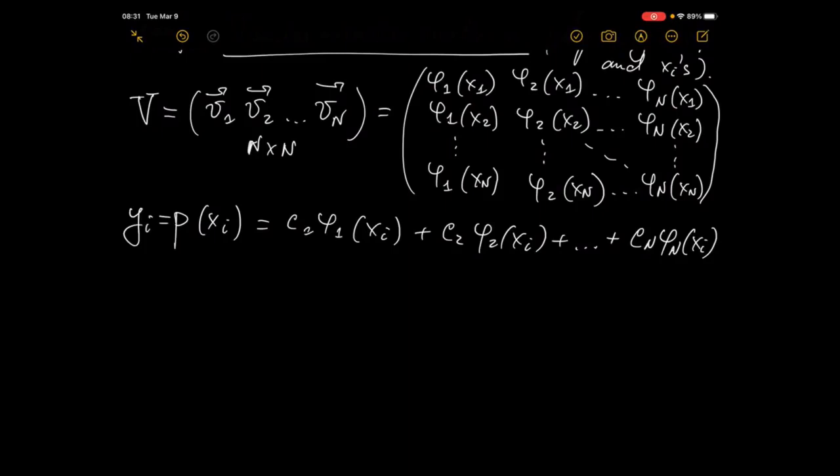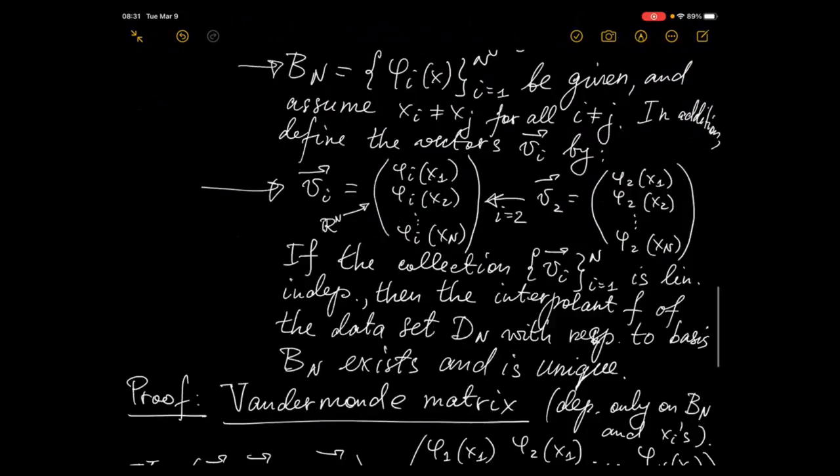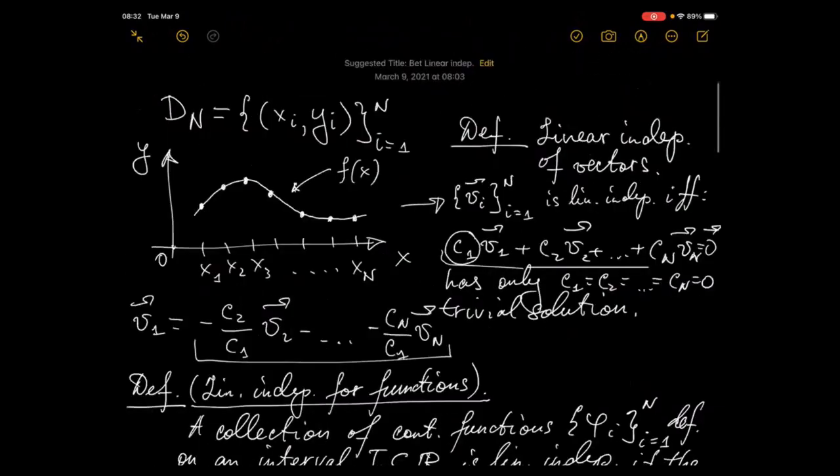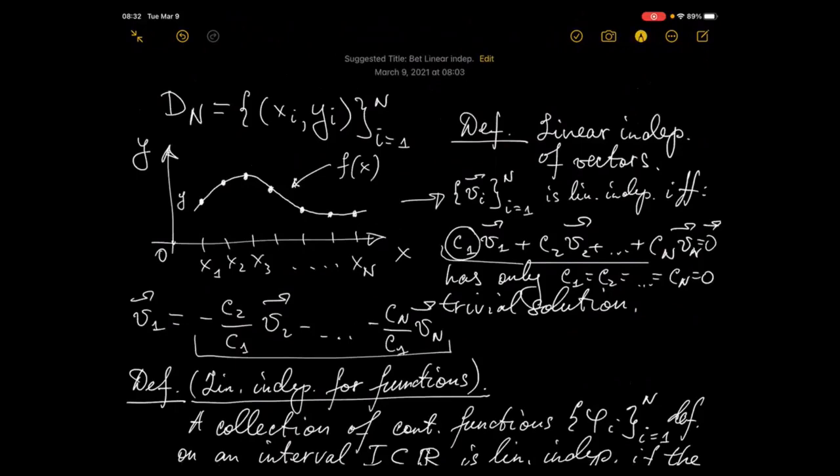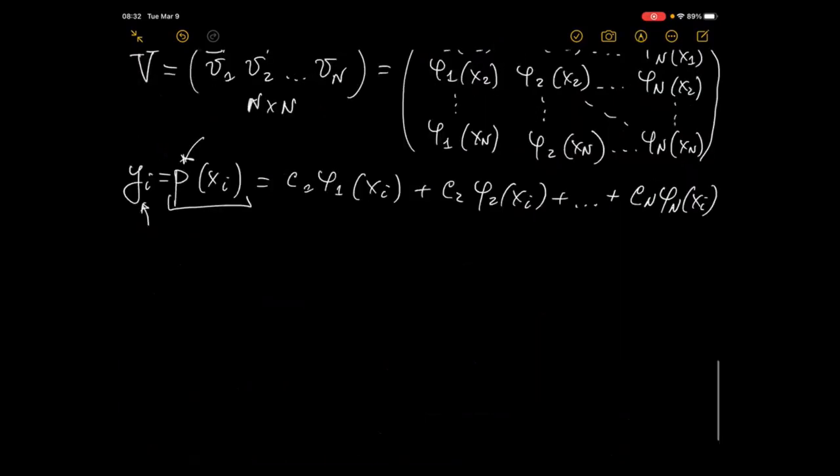It means that at the point xi, this function has to be equal to the corresponding yi. So this is y1, y2, y3, and so on, and this is yn, right? We require that instead of f, we use some p of x, and this p of x has to go through all the corresponding points. So this is the requirement.